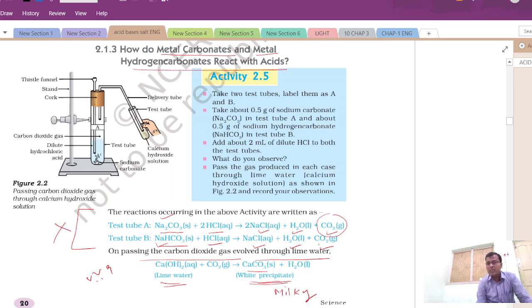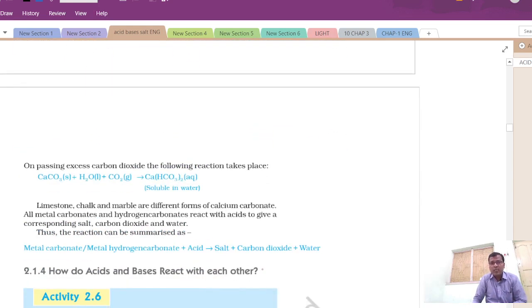When you pass carbon dioxide through lime water, the solution becomes milky and a white precipitate is formed. And what is this white precipitate? It is calcium carbonate.